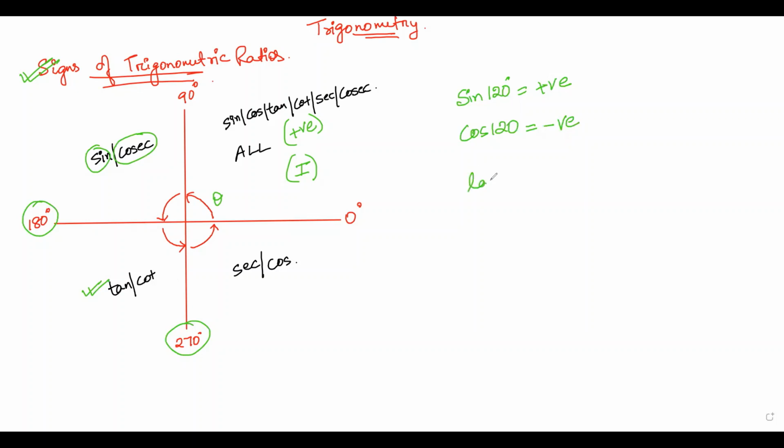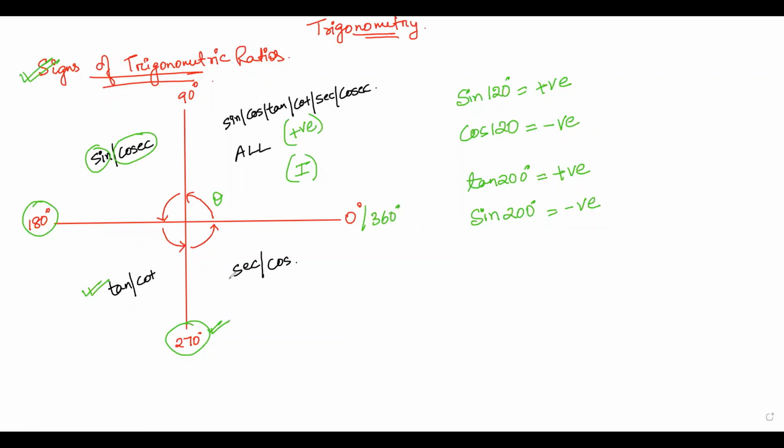For example, tan of 200 degree would be a positive value, whereas sine of 200 degree would be a negative value, and so on.